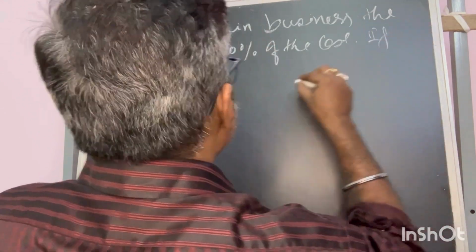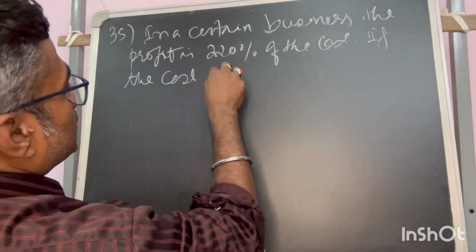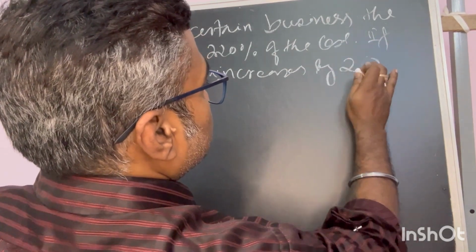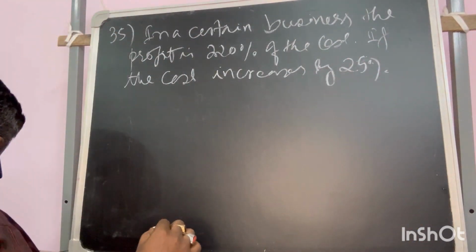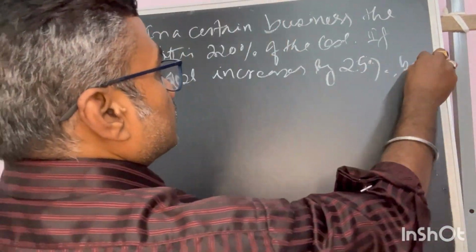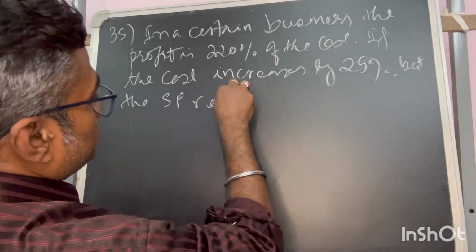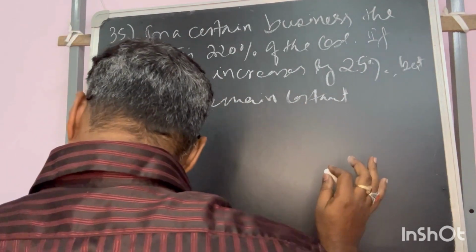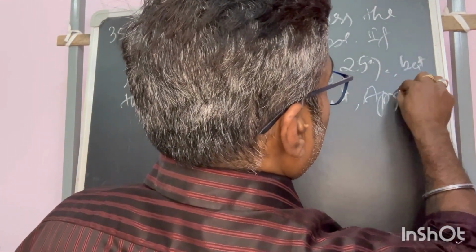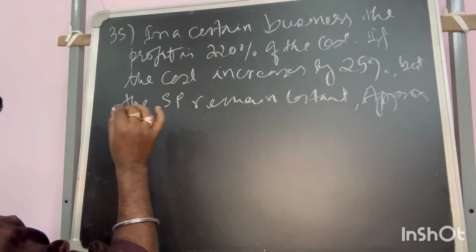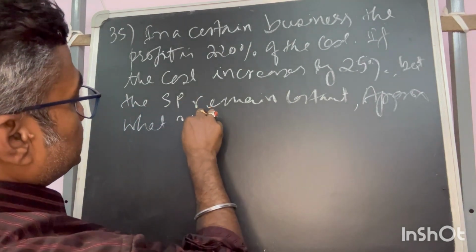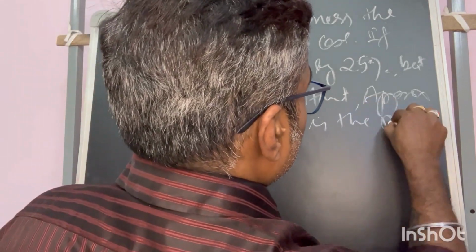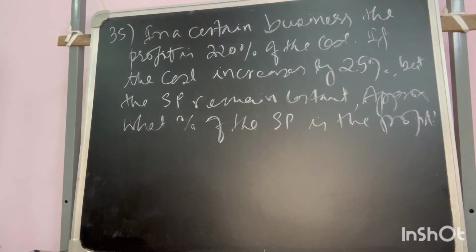If the cost increases by 25% but the selling price remains constant, approximately what percentage of the selling price is the profit? Okay, so that you have to calculate.